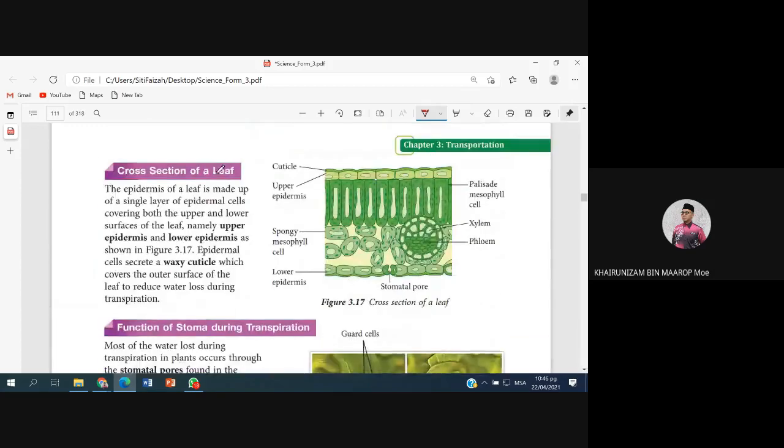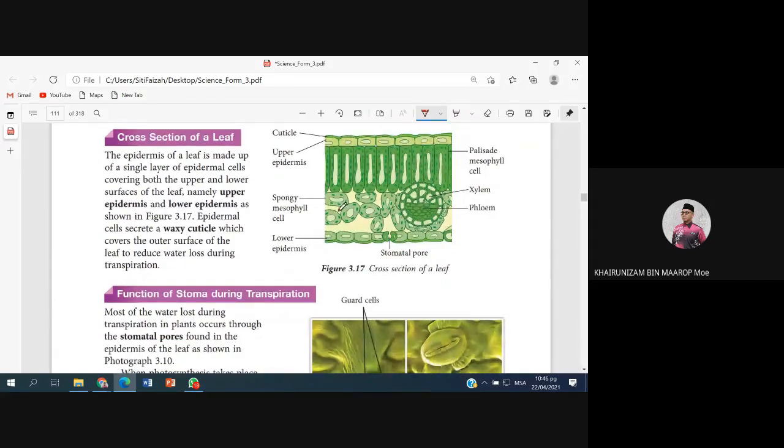Next, this is the cross section of the leaf. Actually you must have learned this one. This is the stomatal pore, and this is the empty space.